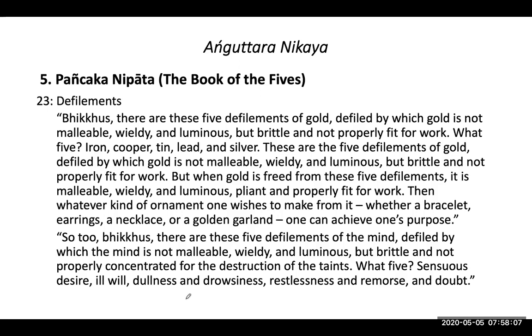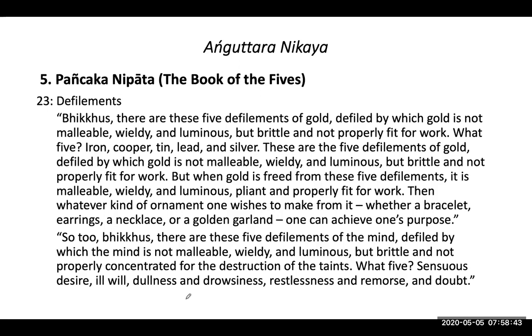But when gold is freed from these five defilements, it is malleable, wieldy, and luminous, pliant, and properly fit for work. Then whatever kind of ornament one wishes to make from it, one can achieve one's purpose.